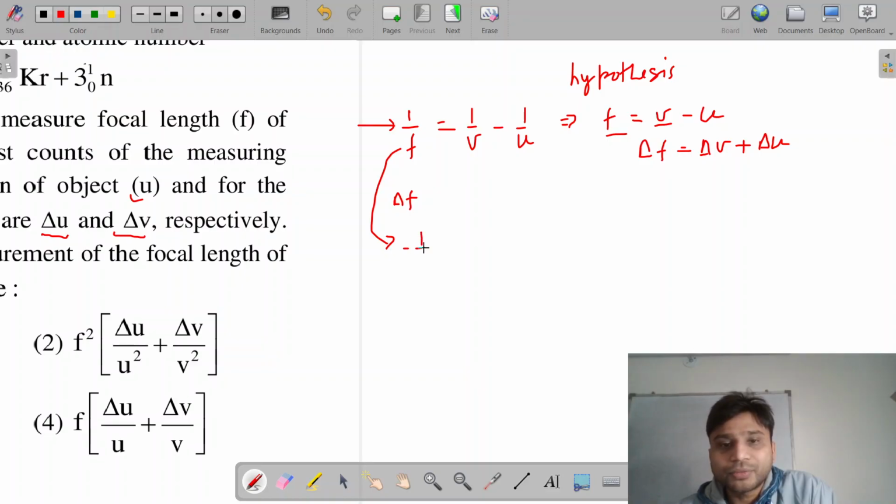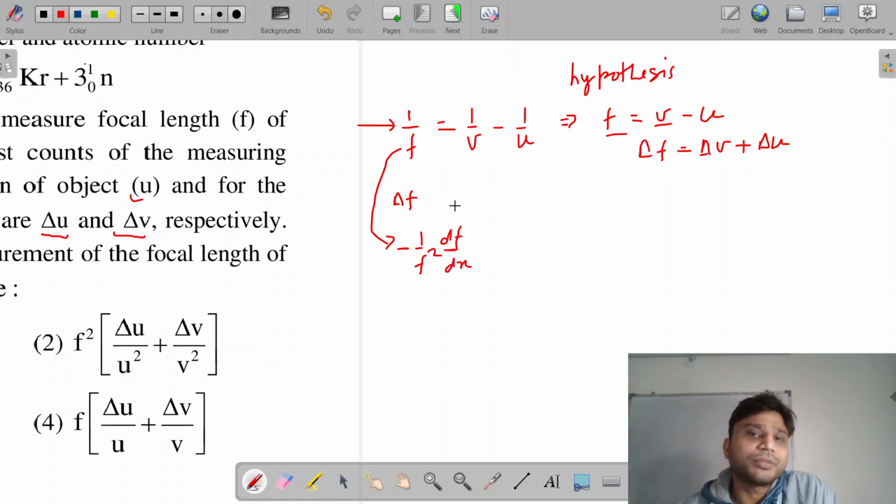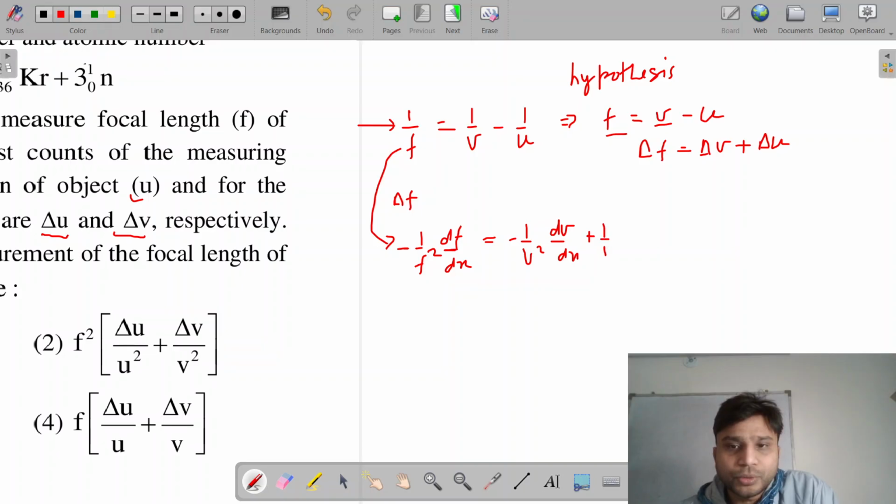So that is minus 1 upon f square df by dx. We differentiate this with respect to x, which is equal to minus 1 upon v square dv by dx plus 1 upon u square du by dx.